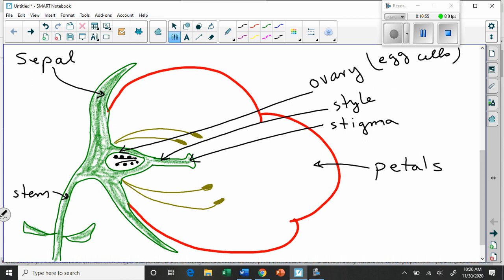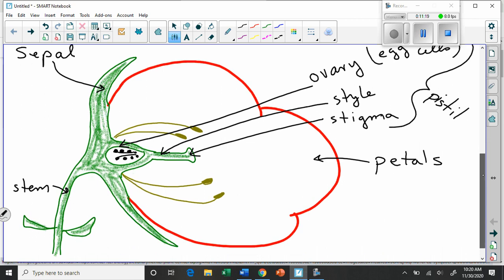And all of these three things together make up this entire structure, which is called the pistil. Not the pistol with an O that you use to shoot people, but the pistil, as in the female part of the flower. We know it's the female part, obviously. Hopefully you figured that out since it has the ovary and is producing eggs, right?